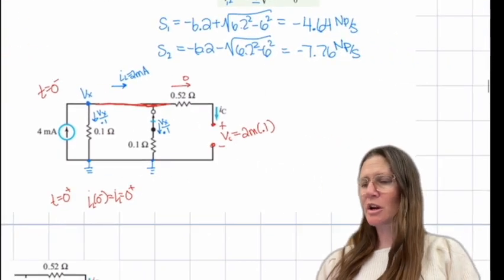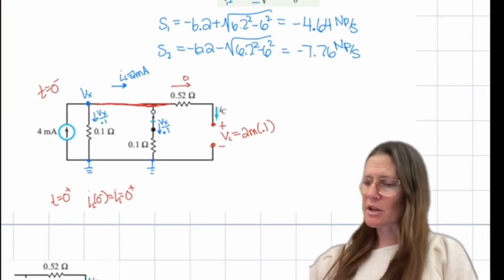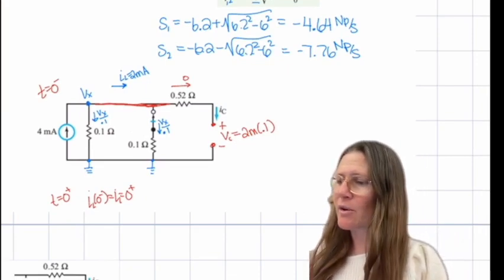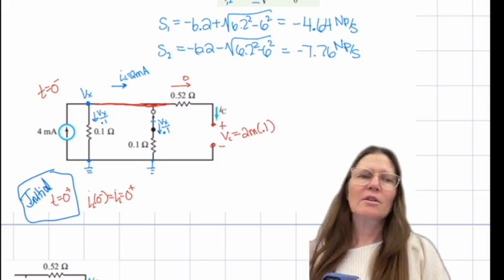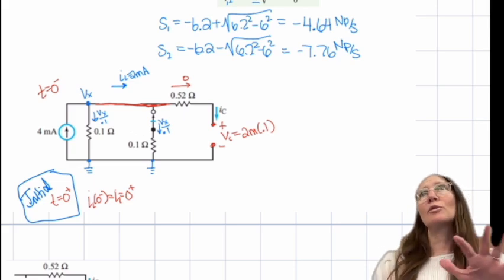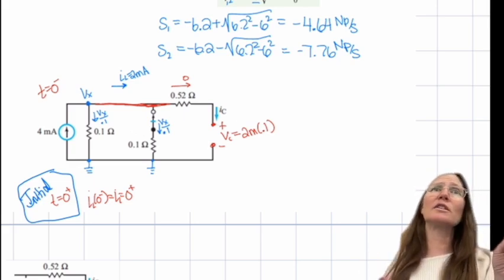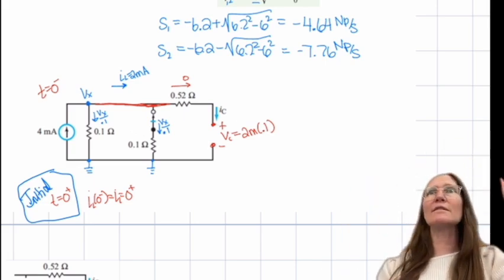And then we were finding the initial values. So remember, the initial value is found at time equals 0 plus. So right as the switch is closed. If we had resistors only in our circuit, it would be easy to say, well, just close the switch and analyze that circuit.